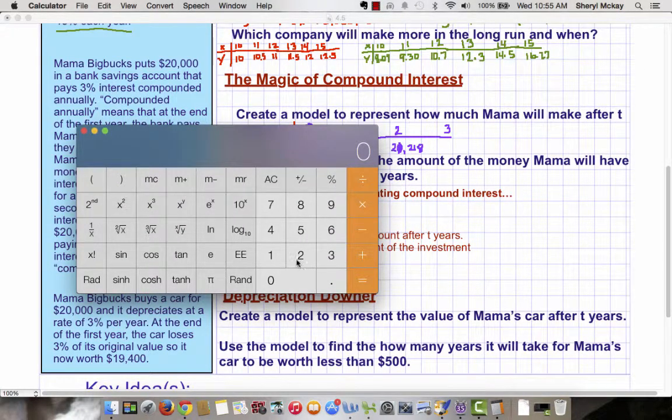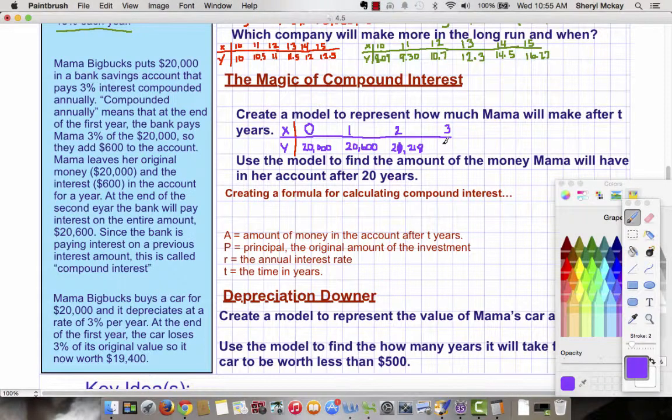Let's try it again. 21,218 plus 636 equals 21,854. And we can continue to do this, okay?